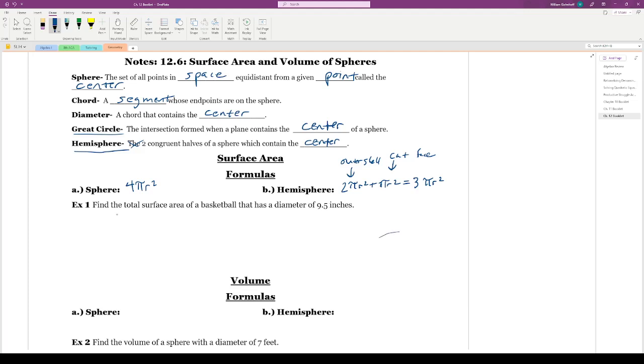It's kind of like if we have a rectangle with a perimeter, so say this is 8 and this is 4, then my perimeter would be 24.